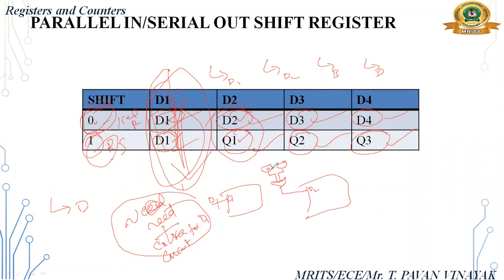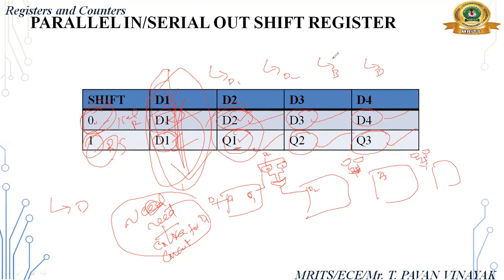So this is 0, this is 1. For 0 we are giving D2. For 1 we are giving Q1. Next, for the third flip-flop, again we require a MUX like this. For the fourth flip-flop also we require a gate.